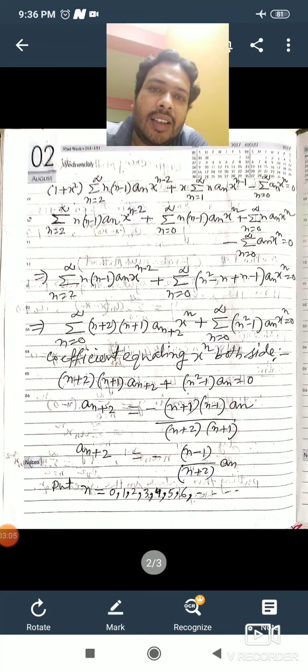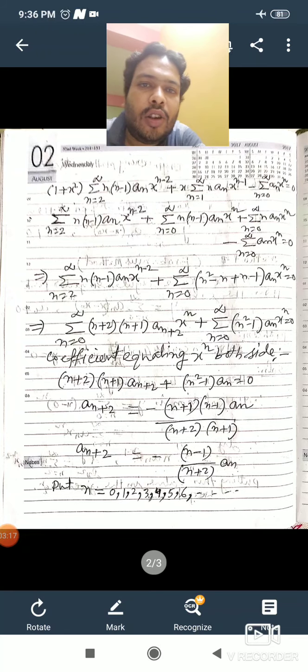So we write summation n equal to 0 to infinity n into n minus 1 a n x to the power n. And multiply x into summation n equal to 1 to infinity n into a n x to the power n minus 1 can be written as summation n equal to 0 to infinity n a n x to the power n, minus summation n equal to 0 to infinity a n x to the power n, equal to 0.